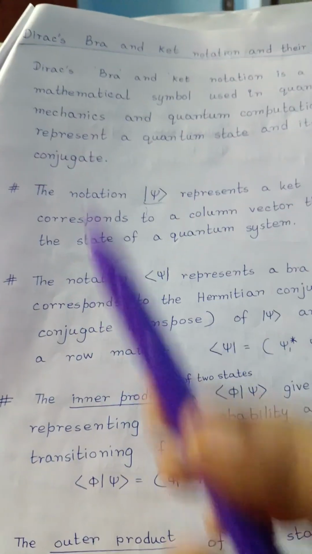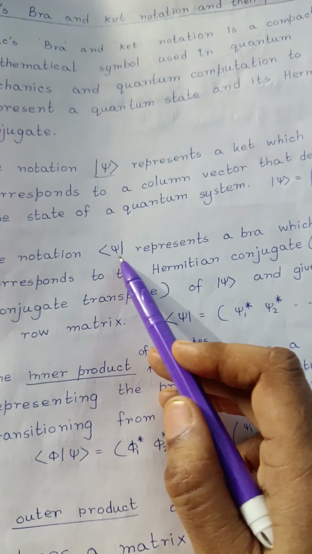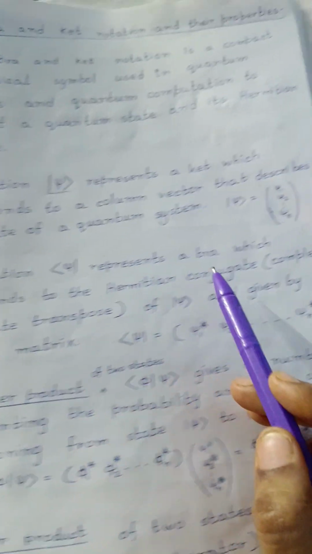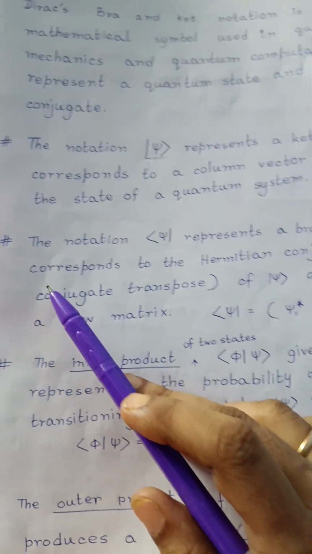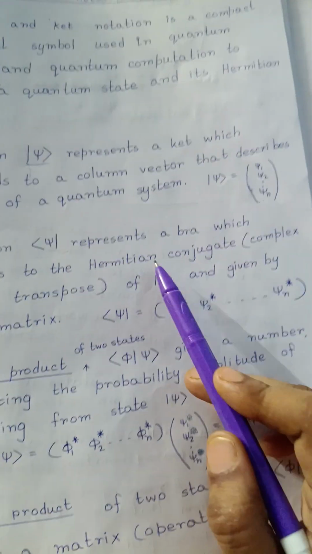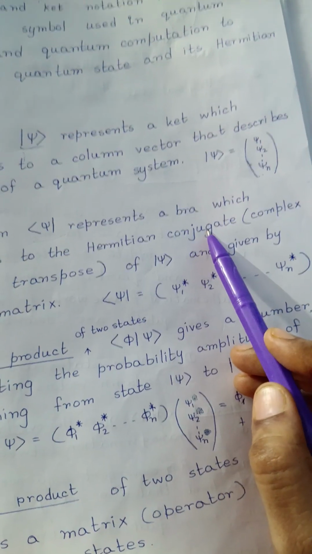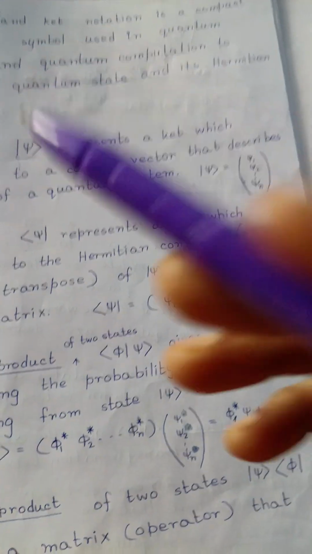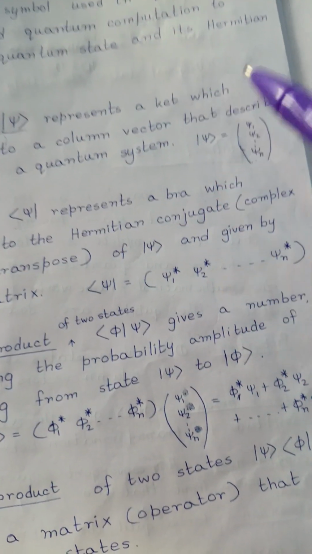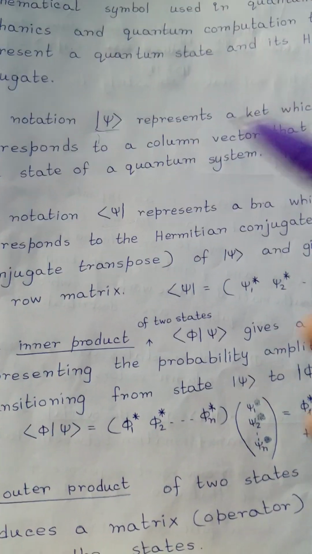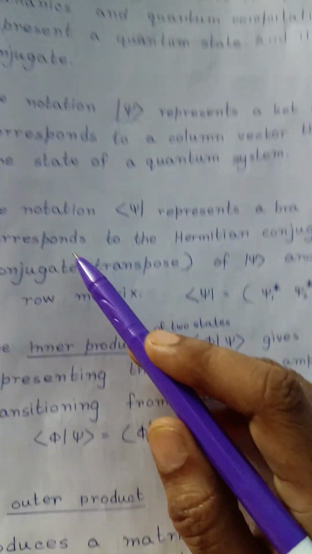And what about Bra notation? This is the notation for Bra. So, this Bra sign notation represents a Bra which corresponds to the Hermitian conjugate. What do you mean by Hermitian conjugate? Hermitian conjugate means, you remember I already used the notation psi star. So, we are taking the complex conjugate of psi in quantum mechanics.